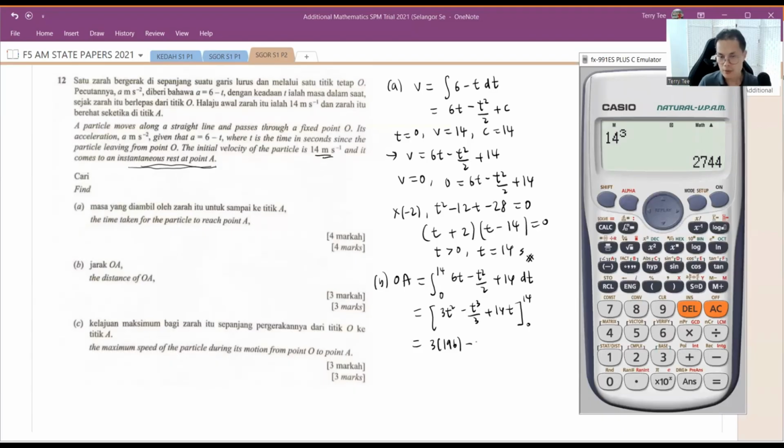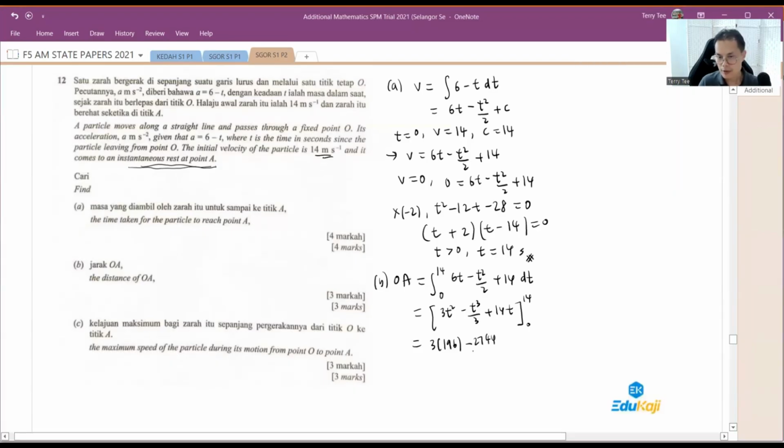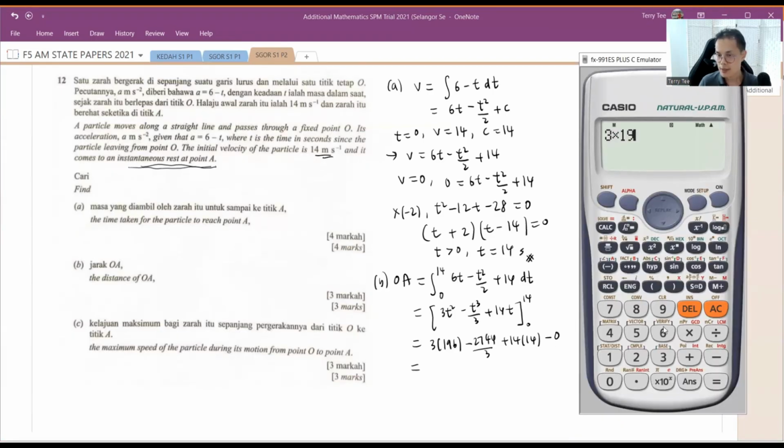All right, you have to divide by 3, then 14 times 14, right? Which is also 196, right? Okay, we can just use a calculator and count. So this is 3 times 196 minus 2744 over 3. And then you plus 14 times 14.